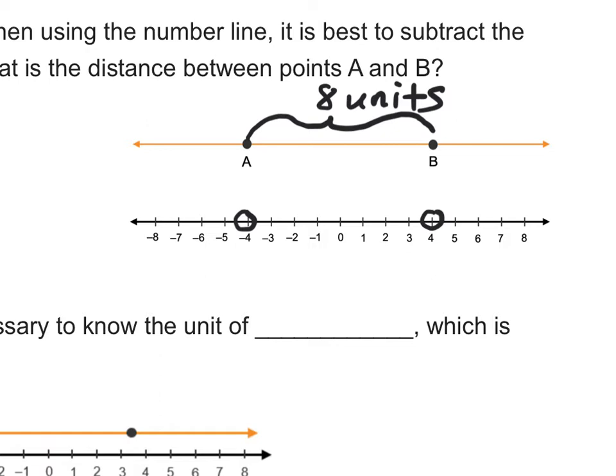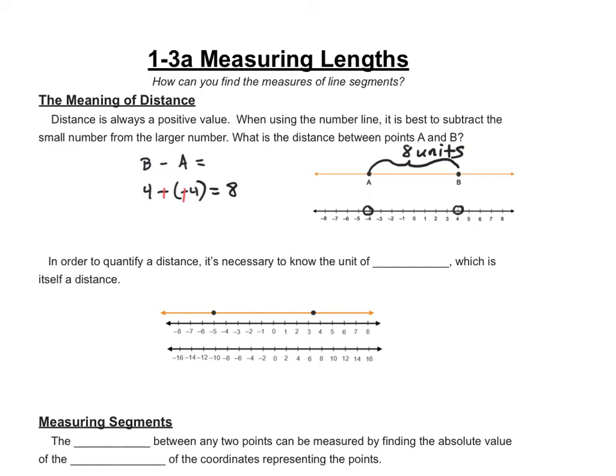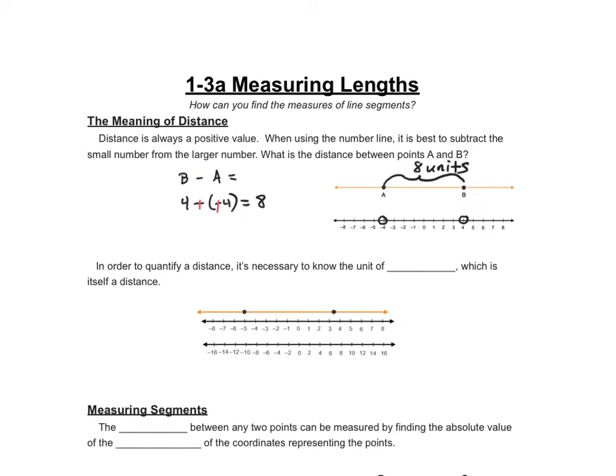One of the big challenges for my students is they want to start here and say 1, 2, 3, and they get off count that way. But just starting off at this point, my first step would be 1. So this is 0, 1, counting that way. But again, mathematically, if we just take the large number and subtract the small number, that will give us the distance between those 2 points.